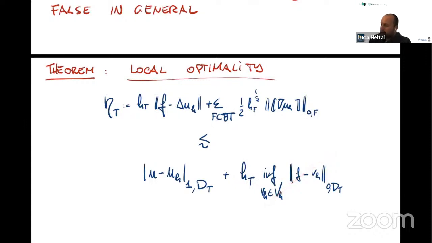And in general, you can actually show that this term is of high order with respect to the error that you have, provided that you can approximate f correctly around the element. Okay, this is the best that we can get. And it's the theorem that we're going to prove today.